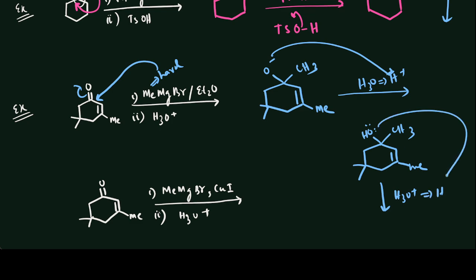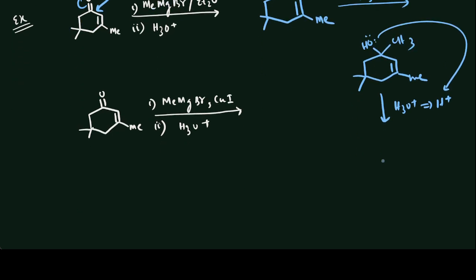This lone pair again attacks this H plus, and what will it become? This is going to become OH2 plus, and here CH3 is there, because after leaving this water we have this carbocation, and that is a 3 degree stable carbocation that will pop up. Always, if the carbocation is 3 degree, then it will form. So this is going to be like this, and here is the methyl group.